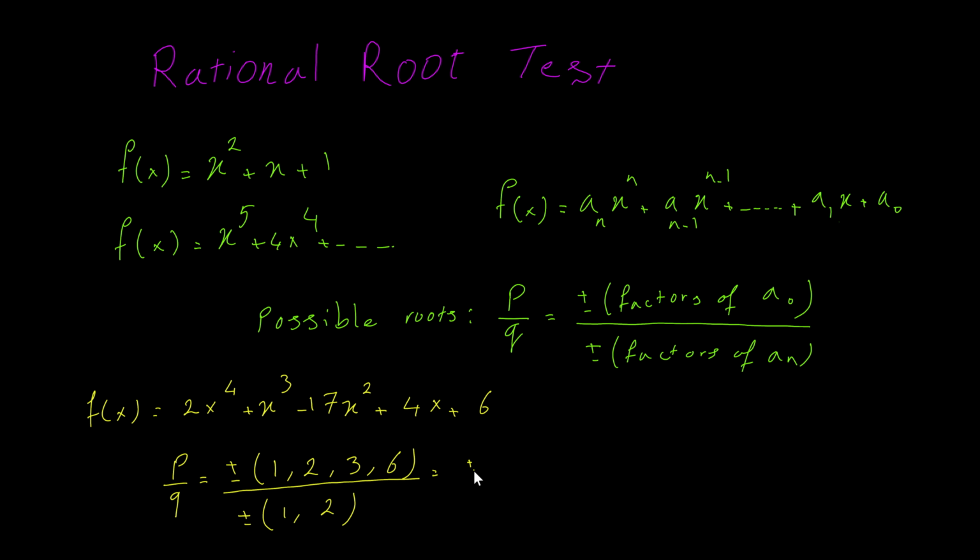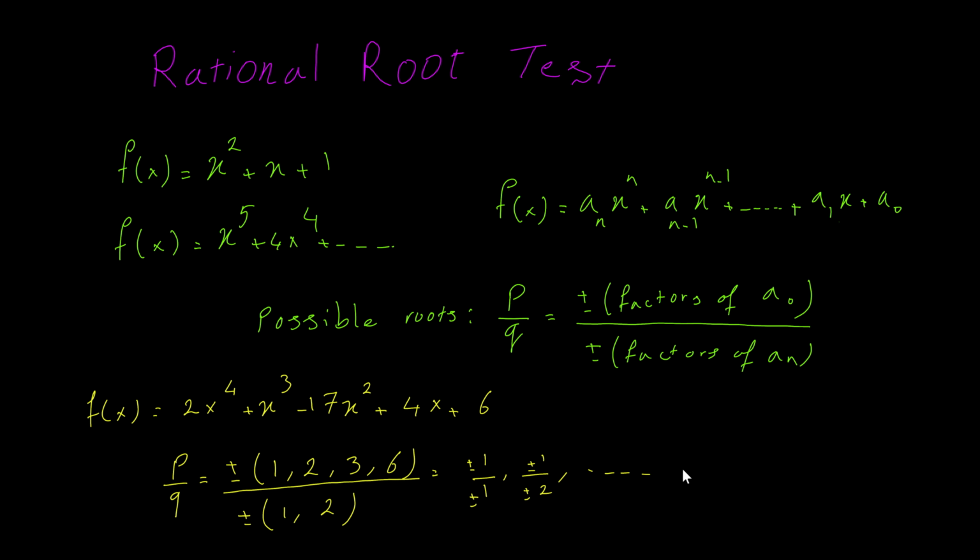Here are the values that we will get. So plus or negative 1 over 1, negative 1 over 2, and so forth. So we do the fractions and we get all the possible roots. Then we have to eliminate the duplicates, because we are going to have duplicates. So 6 over 2 is going to give us 3 over 1.